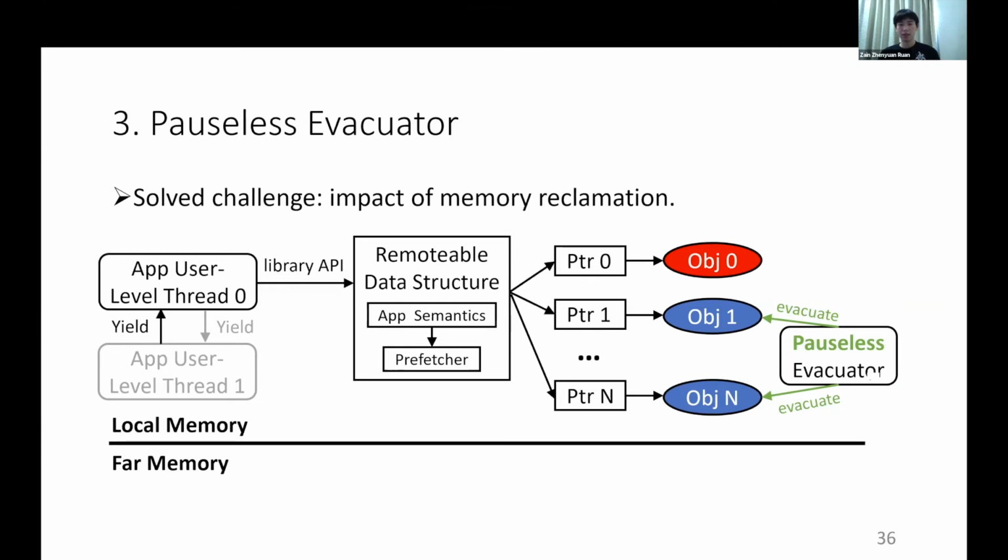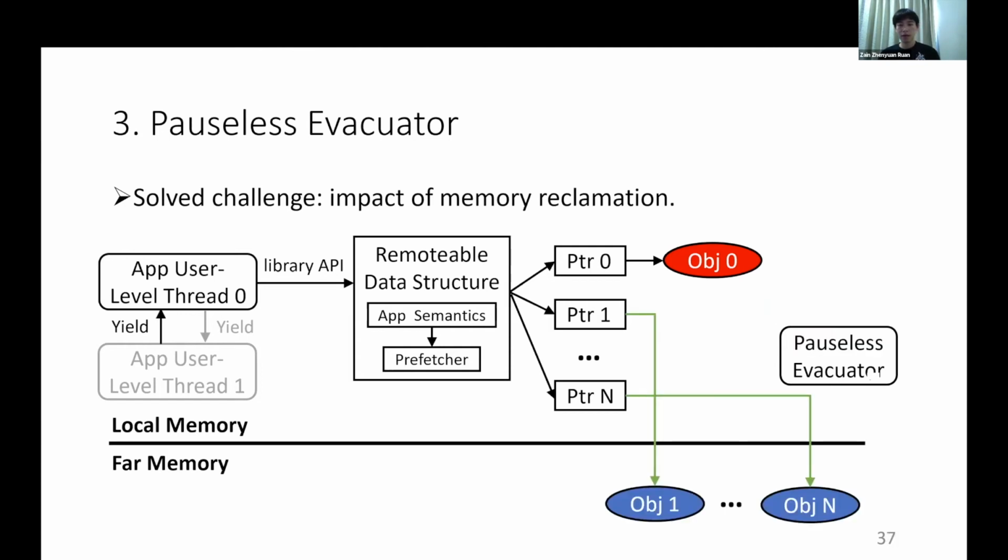In this case, the evacuator will evacuate those blue cold objects to far memory. The runtime evacuator has a nice pauseless property, which means we don't have to pause application threads during this process. Therefore, evacuation and application processing happen simultaneously. Now, the evacuation is finished, and we get enough free local memory space.